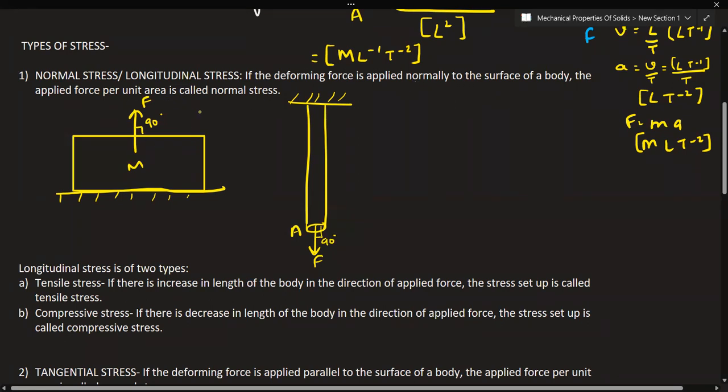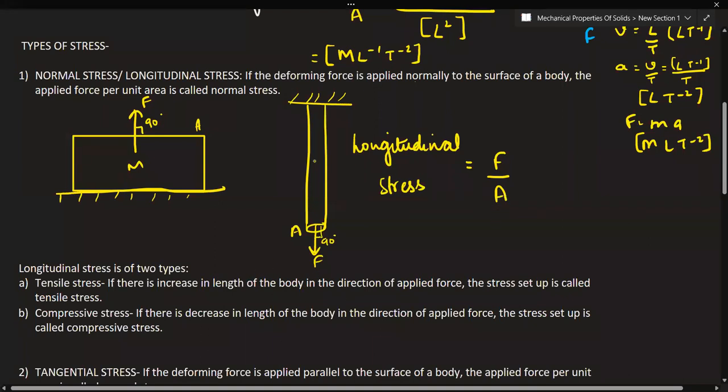If the deforming force is applied normally, perpendicularly to the surface of the body, then that force per unit area developed is known as longitudinal stress, or you can say normal stress. So the formula for longitudinal stress is equal to the perpendicular force acting per unit area. Clear?